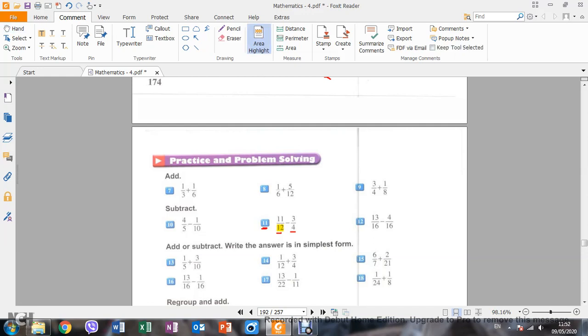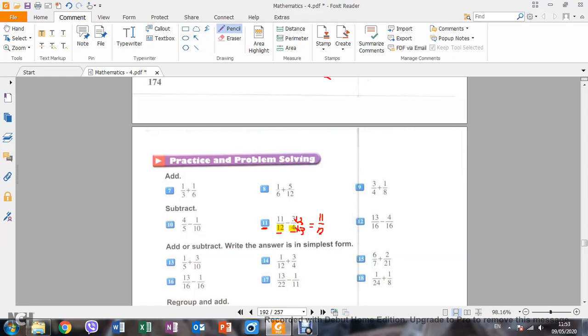You should change 4 to 12 by multiplication. Every time we use multiplication. 4 times which number equals 12? 3. When we multiply this number by 3, at the same time you should multiply the numerator by 3. Don't touch the big denominator.